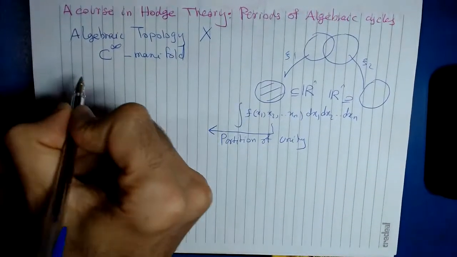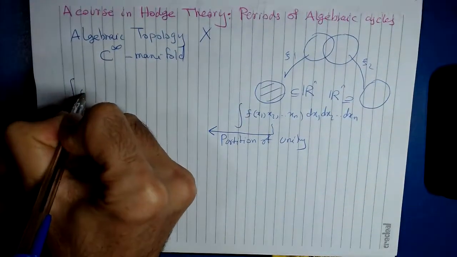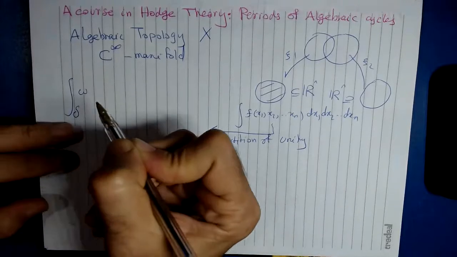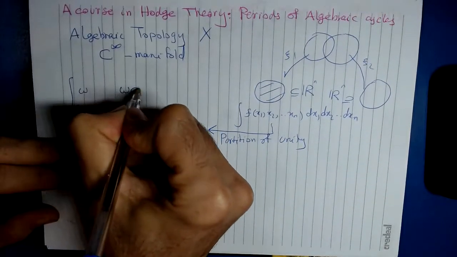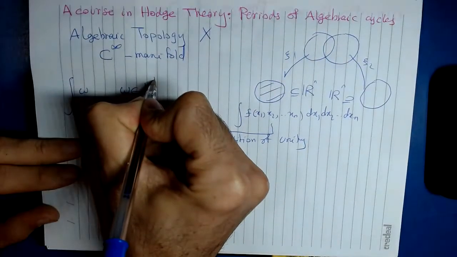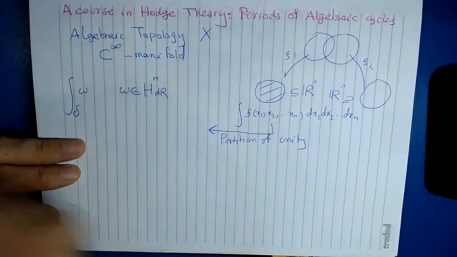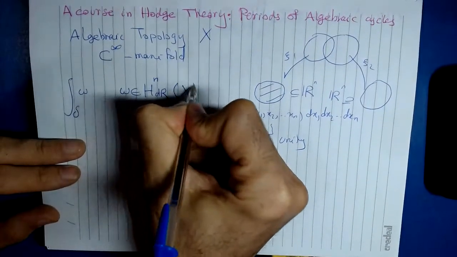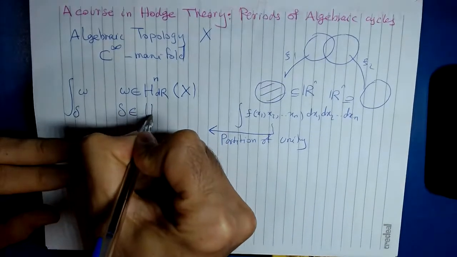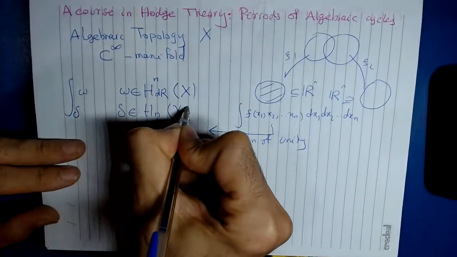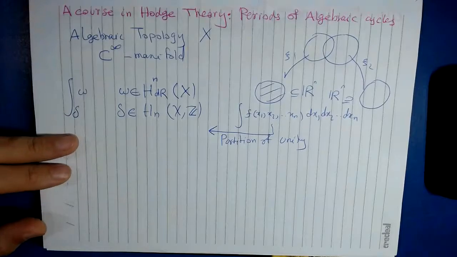we finally define the concept of integral, omega being in H^n de Rham of X and delta being in H_n(X, Z).